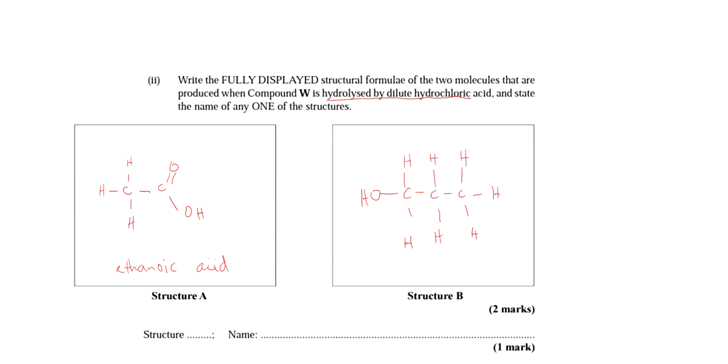And this alcohol, we have 1, 2, 3 carbon atoms, so this is really propan-1-ol.